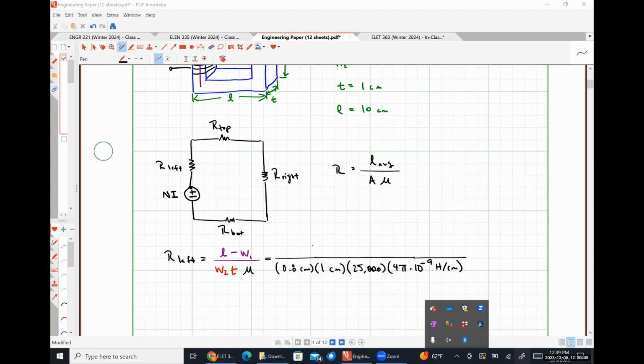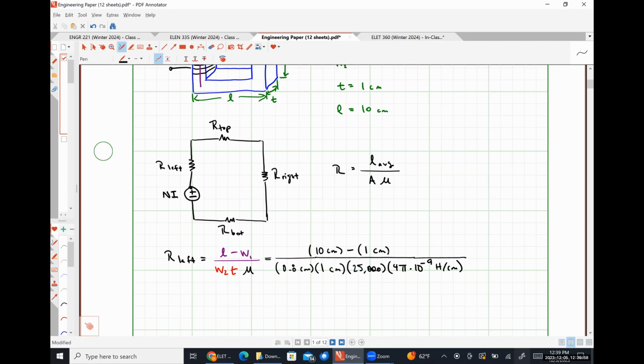And then up on top, I'm going to have L, which was 10 centimeters, minus W1, which was 1 centimeter. So let's look at the units here and figure out exactly what's going on, right? Hopefully pretty obviously in the numerator, we have units of centimeters, because centimeters minus centimeters is just centimeters.